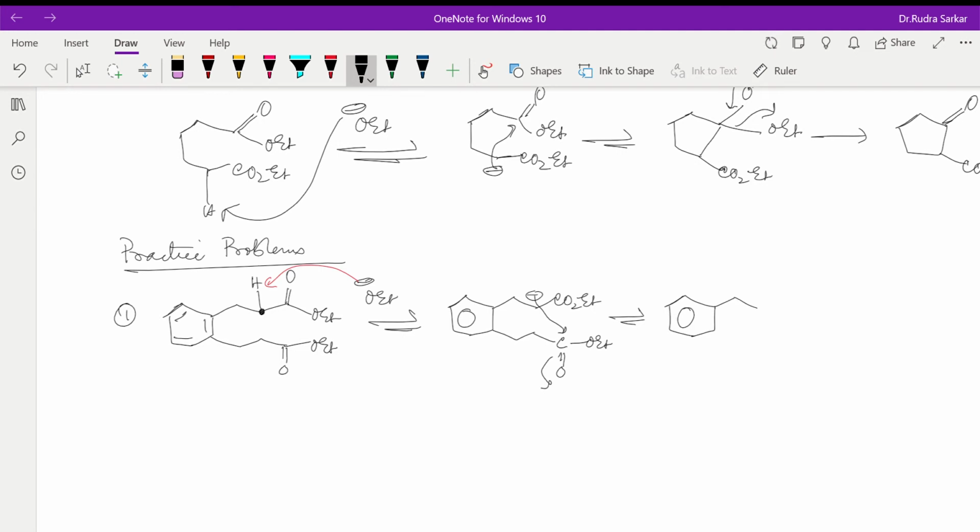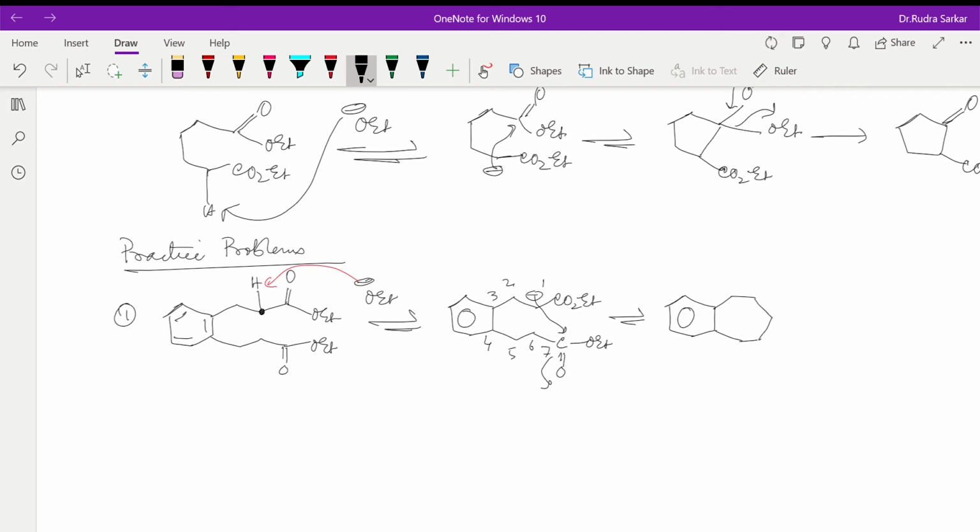We have got this, say 1, 2, 3, 4, 5, 6, 7. Okay, so we need to make a 7-membered ring. All right, something like that.